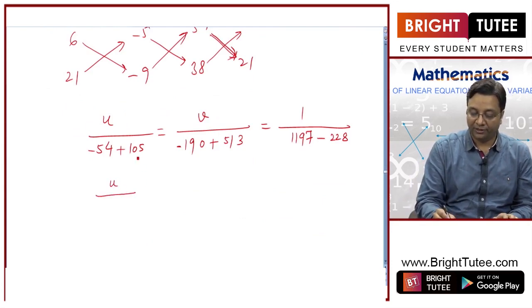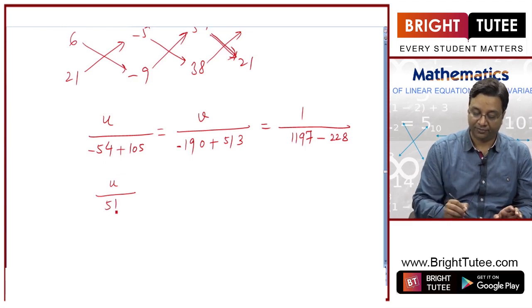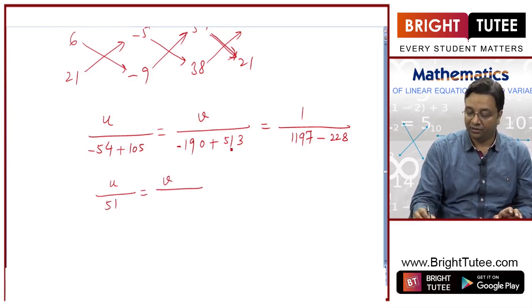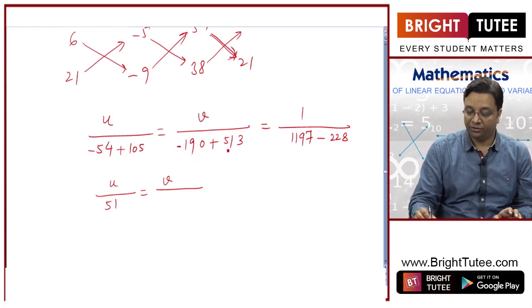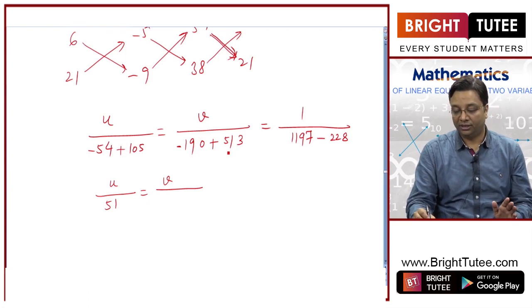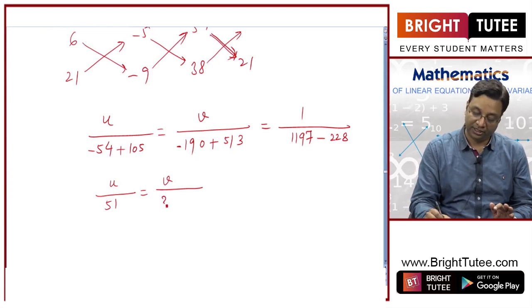So what equation do we get here? U divided by 105 minus 54 is 51. It is equal to V divided by 513 minus 190. So if you subtract, let us say 200, then it will give you 313, and then you have to add 10. So 323.